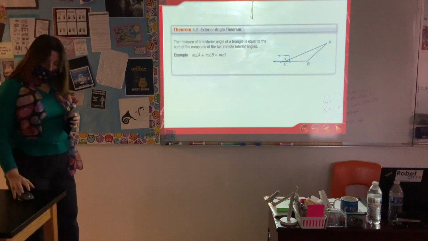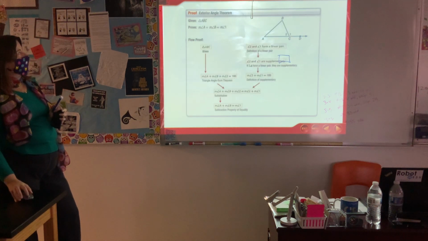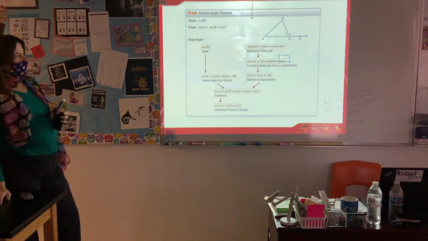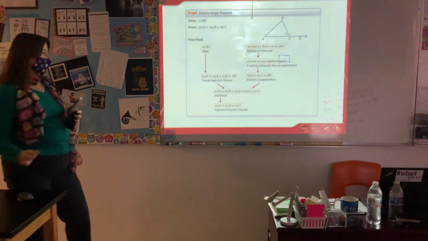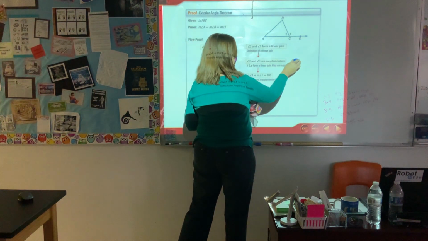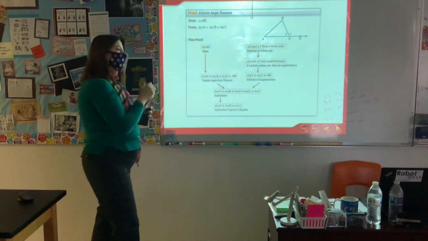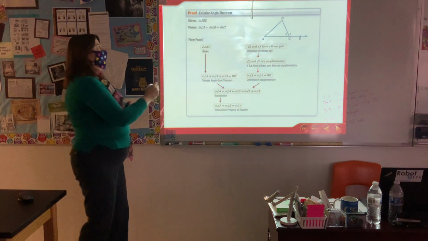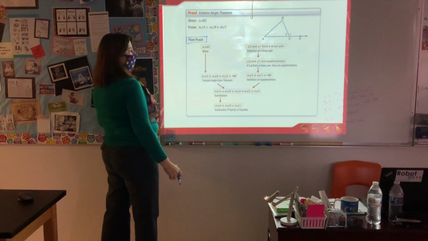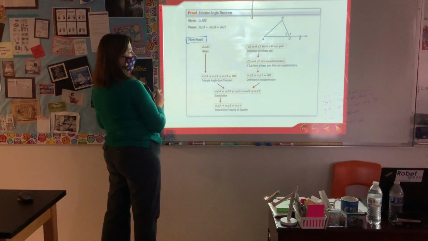Okay, so we're going to put this into action. Once again, they give us a proof, but this is a different type of proof. We had paragraph proofs where we wrote everything sentence by sentence, and we had our 2-column proof. This one is known as a flow proof of this theorem. This is a flow chart.